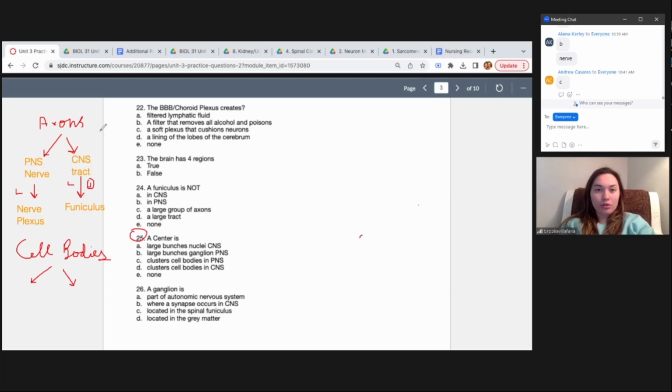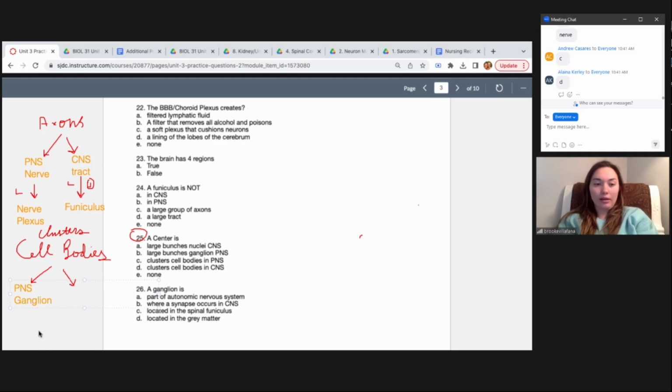Okay, so first we have clusters of cell bodies. And if we have clusters of cell bodies in the peripheral nervous system, it's called a ganglion.